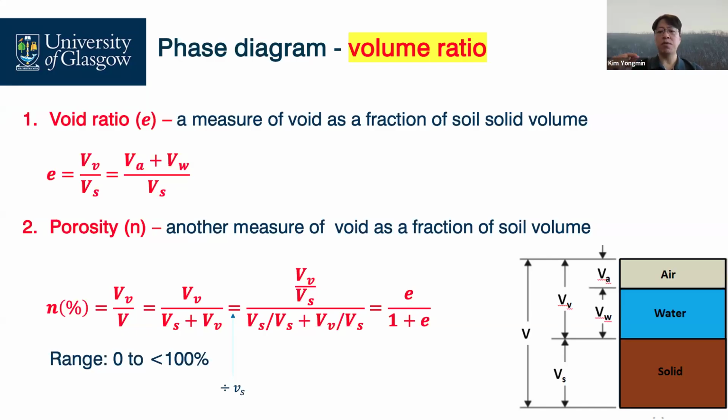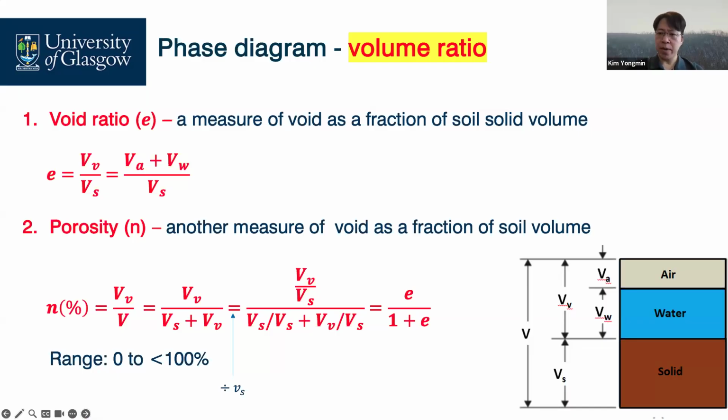It is the ratio of the volume of voids to the total volume. It ranges from 0 to 100%, and can be represented by percentage. It exhibits the void volume against total volume.